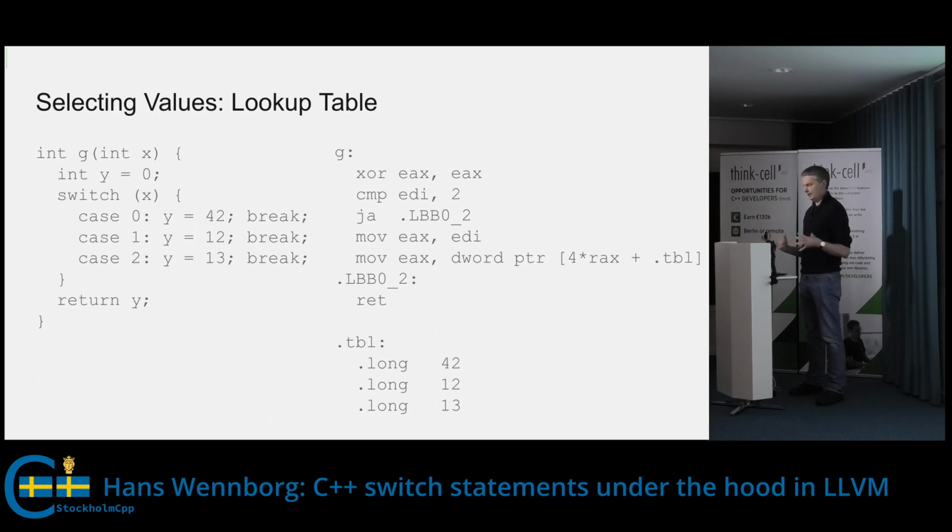And if these gaps get really, really big, like if we have a case 1 million there, we'd have a lot of holes, a very big table, and that's not very nice for the binary size. So in LLVM, I think the heuristic here is something like there needs to be 3 entries or more for the table, and the table needs to be at least 10% dense, meaning that at least 10% of the slots in the table are populated.